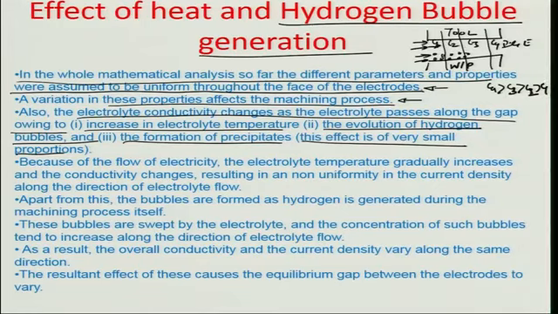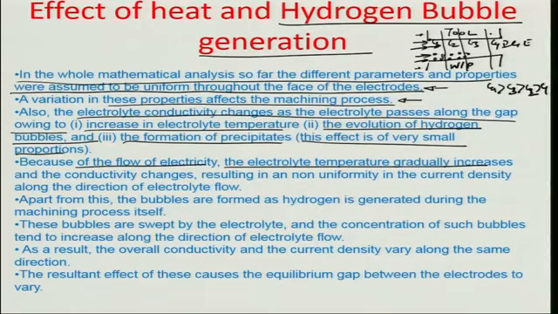Because of the flow of electricity, the electrolyte temperature would also gradually increase. So far we assumed only constancy in the tool face temperatures or the workpiece face temperatures when we did the heat analysis, but we never considered what if the temperature of the electrolyte here and the temperature here as the electrolyte passes by are quite different from each other.